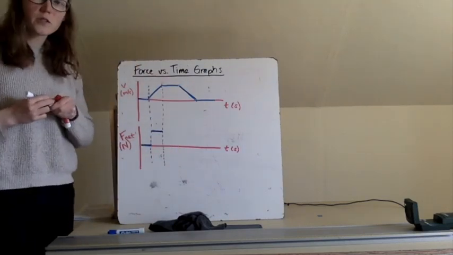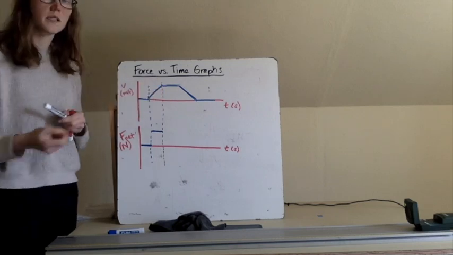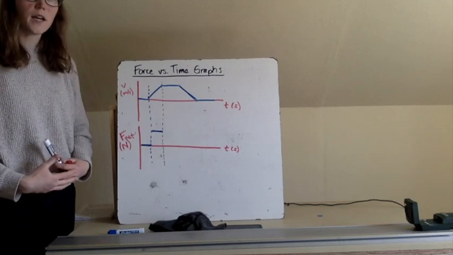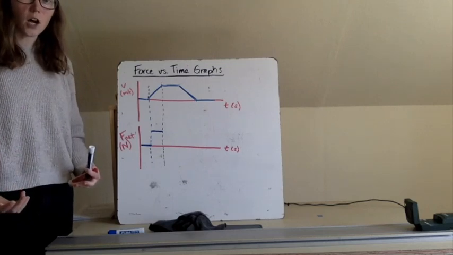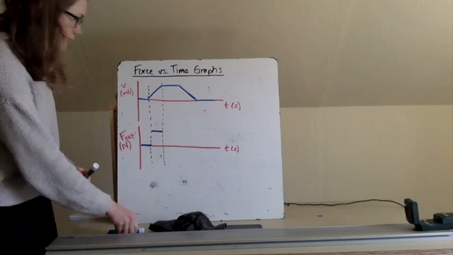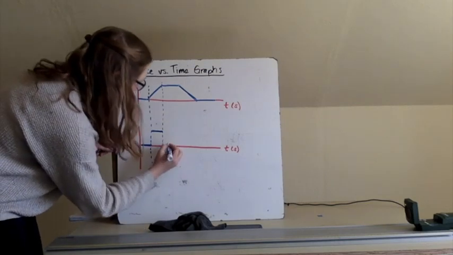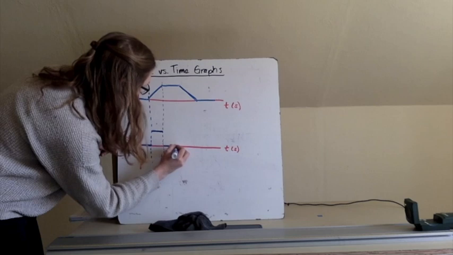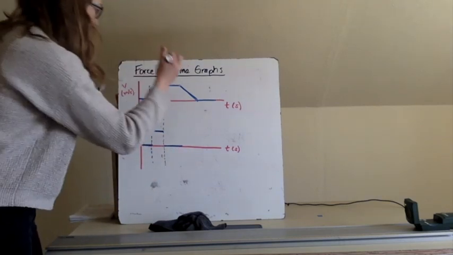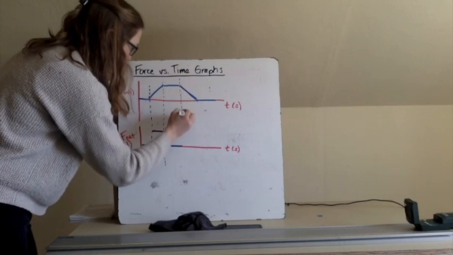All right, next section of the graph, I see that I'm moving at a constant speed. No change in my velocity, so I can't have a net force acting on an object if the velocity is not changing. So that means we're back at 0. There's no net force acting on this object during that next part of the motion.